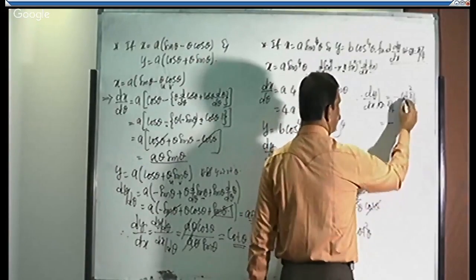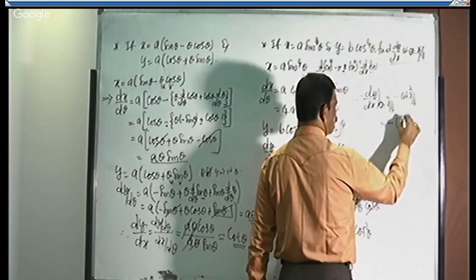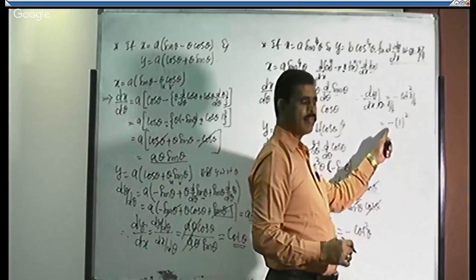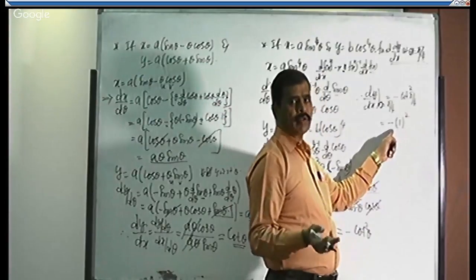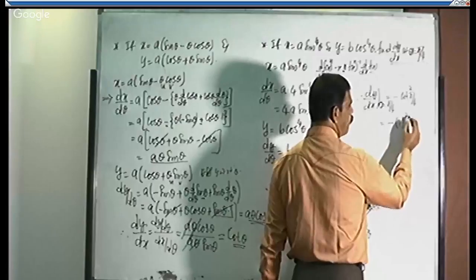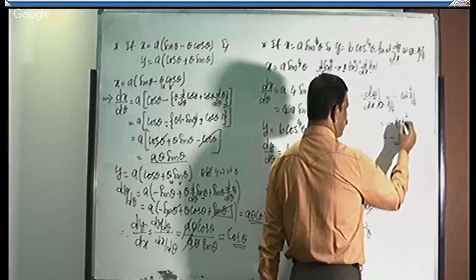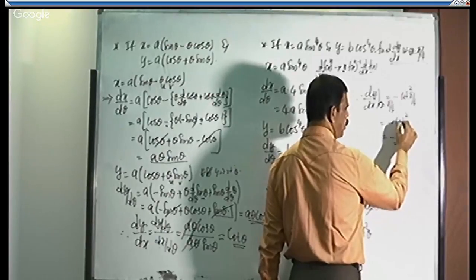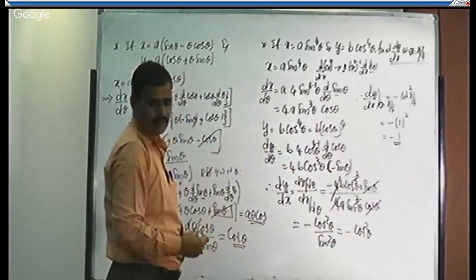Minus into, for cot 45 it is 1 square. Some students say minus 1 square is equal to plus 1. It is not like that. It is minus of 1 square. Therefore, it is minus 1 only. The square is not for the negative sign, it is for only 1. Therefore, it is what? Minus 1. Right?